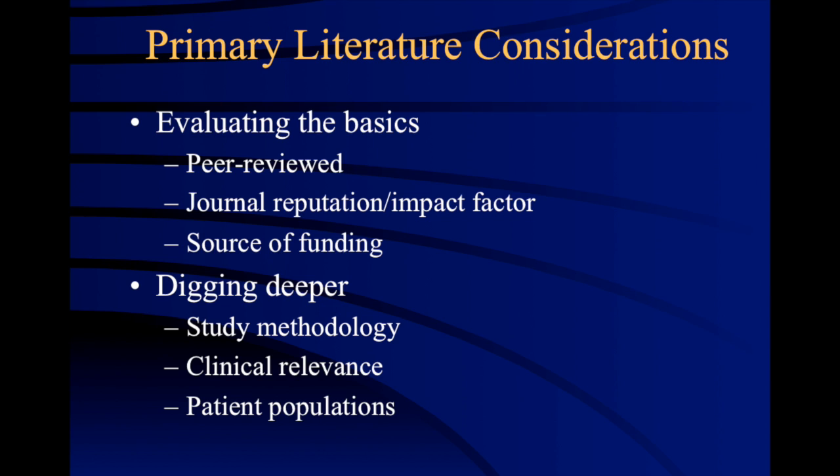When we read a journal article, we need to take some things into consideration. We need to evaluate whether or not the article was published in a peer-reviewed journal. We can evaluate the journal's reputation and impact factor, and the source of funding.